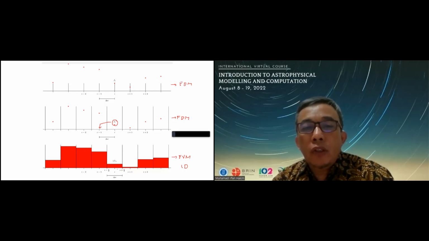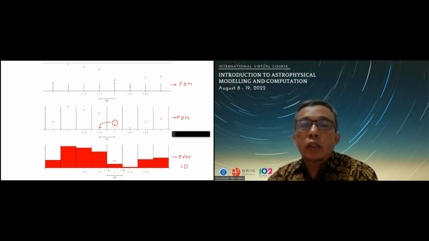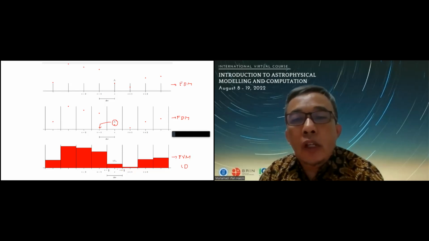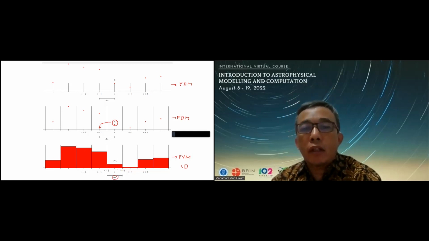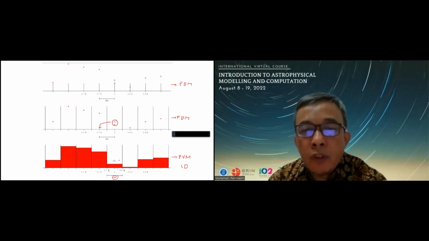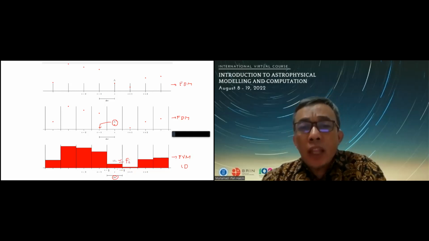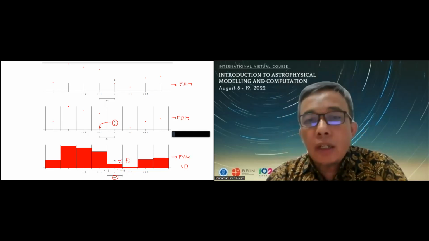The value of this calculation divided by the value of delta x is an approximate value of f at node I.